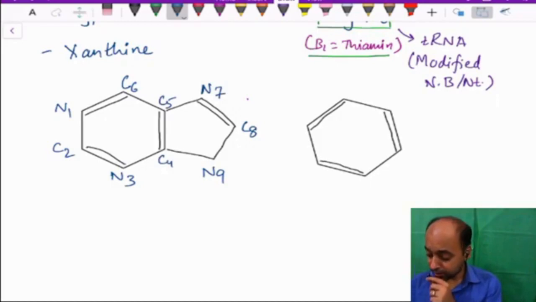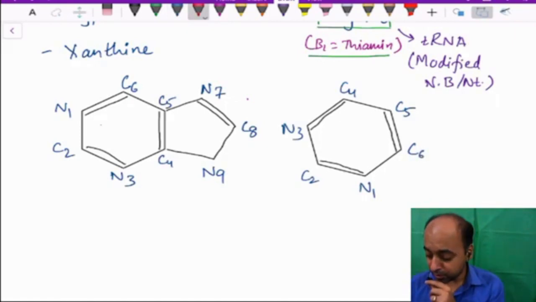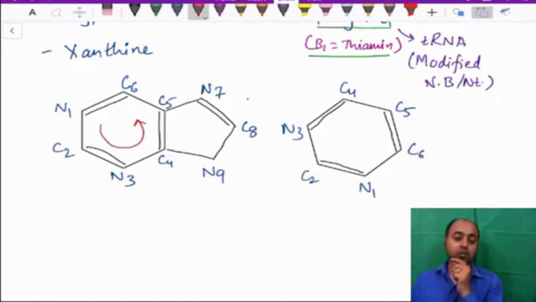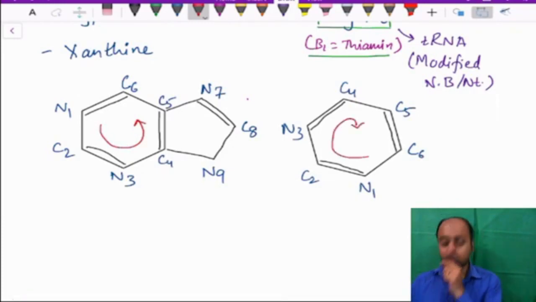In the pyrimidines, the numbering starts from here and goes in the opposite direction: N1, C2, N3, C4, C5, and C6. So what do you find? In the purine, the six-membered ring is numbered anti-clockwise, whereas in the pyrimidine, the numbering is clockwise. This is a very important point to keep in mind. The purine and pyrimidine are numbered differently.